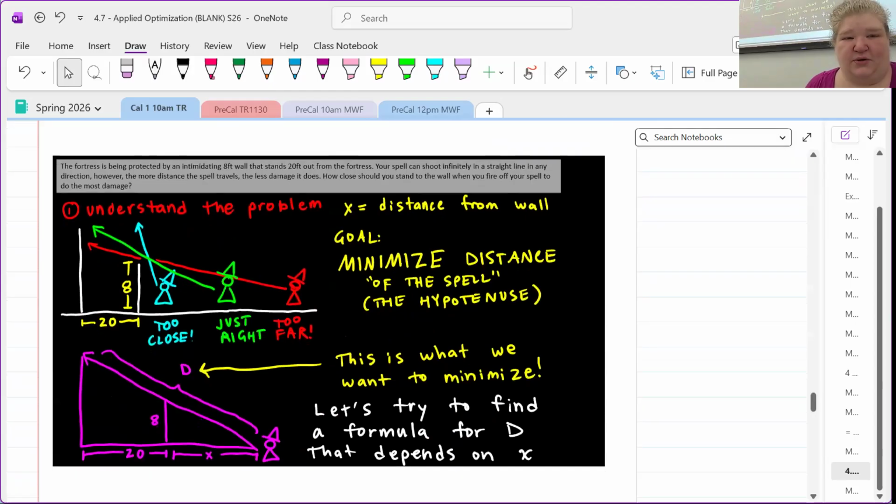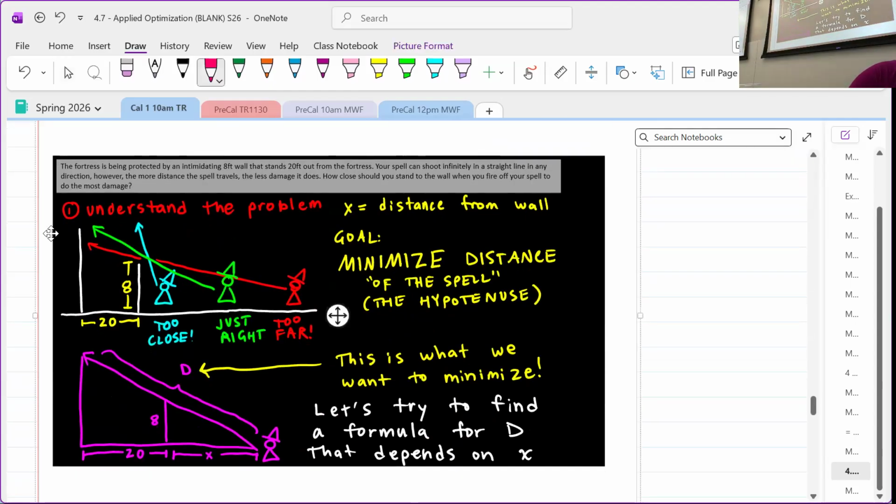So we have a picture. This is our evil infinite tower. We've got 20 feet away from the base of the tower an 8-foot wall.